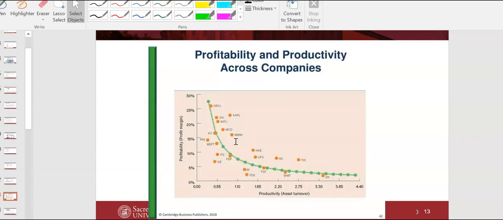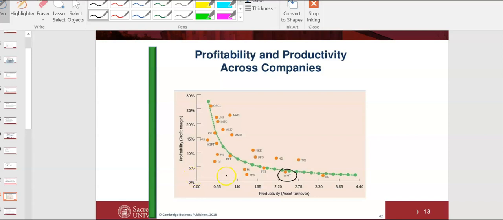Here in this next slide, we see some ROAs of specific companies. Now, this sheet is a few years old, but at least it gives us some information. Let's start here and look at Walmart, for example. Is this about what we would expect? We're saying Walmart has very high asset turnover, but very low profitability or profit margin.